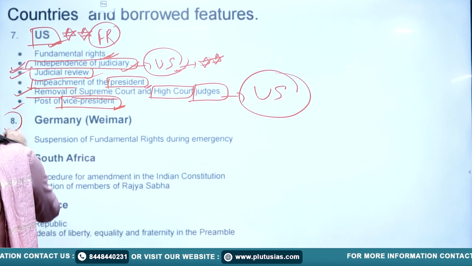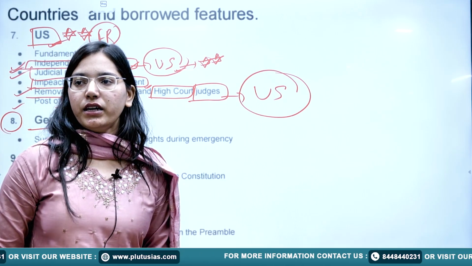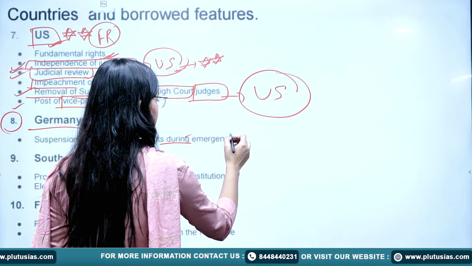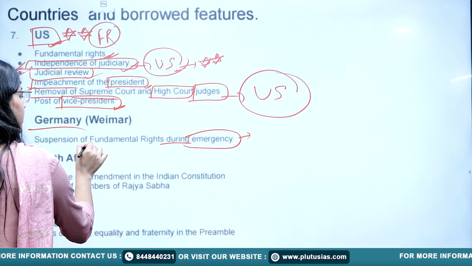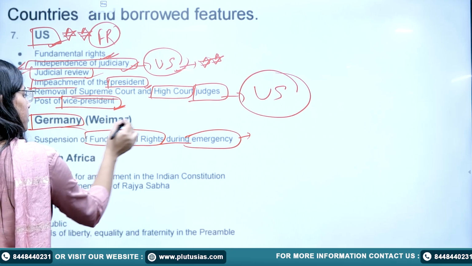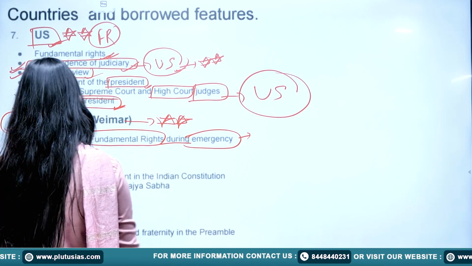After that, the eighth country is Germany. From Germany, we have taken the suspension of fundamental rights during emergency, during national emergency, and during internal emergency also we can suspend the fundamental rights. This feature is taken from Germany. Remember this one also, this is very important.